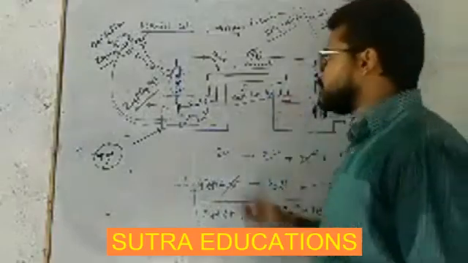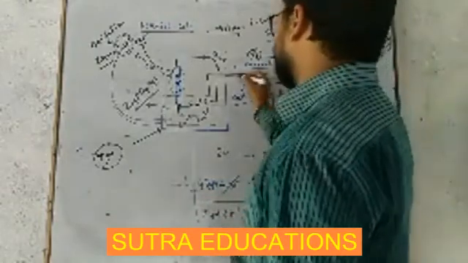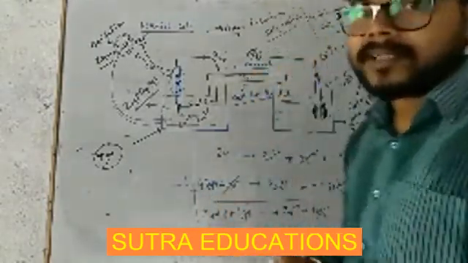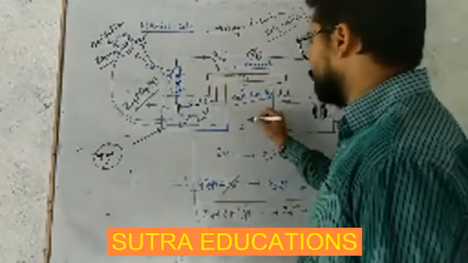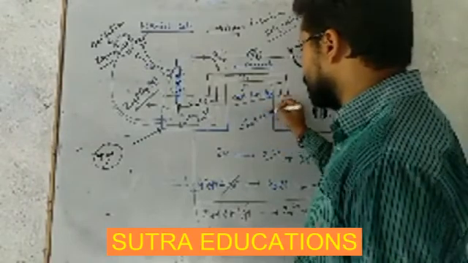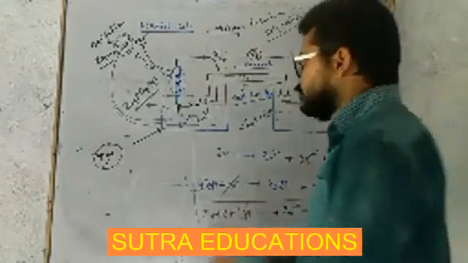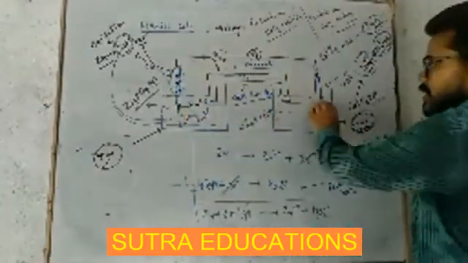Suppose KCl is present in this salt bridge. KCl is an electrolyte, and we know KCl will decompose into K+ aqueous and Cl- aqueous. And I told you that here the concentration of plus charge is more, and here the concentration of minus charge is more.